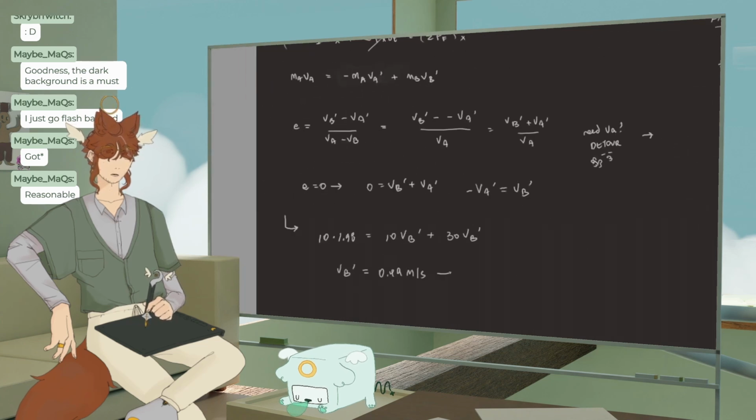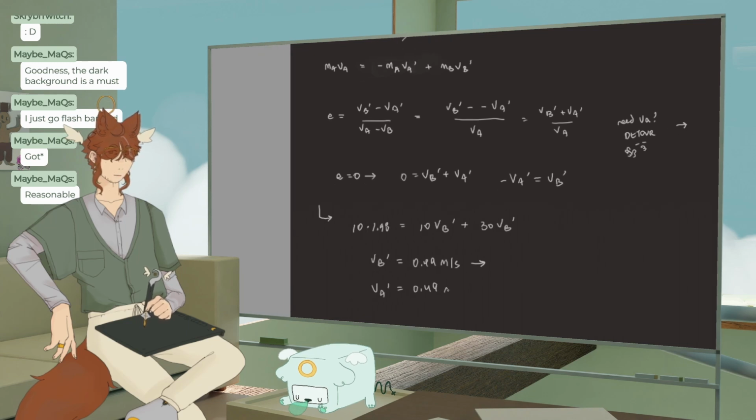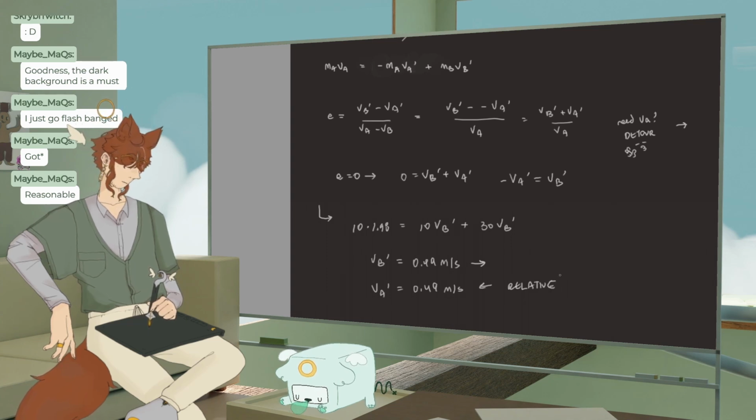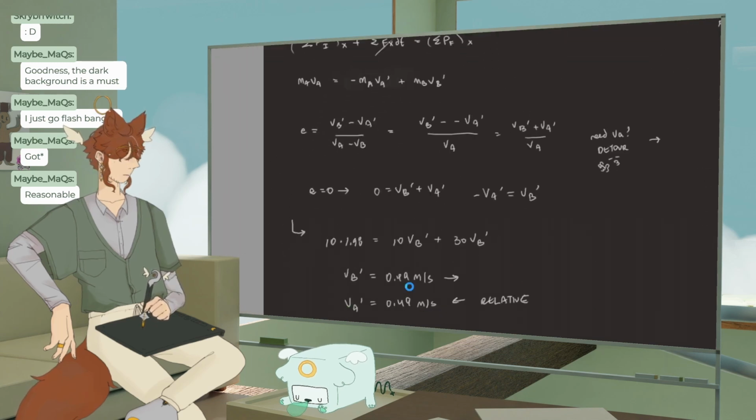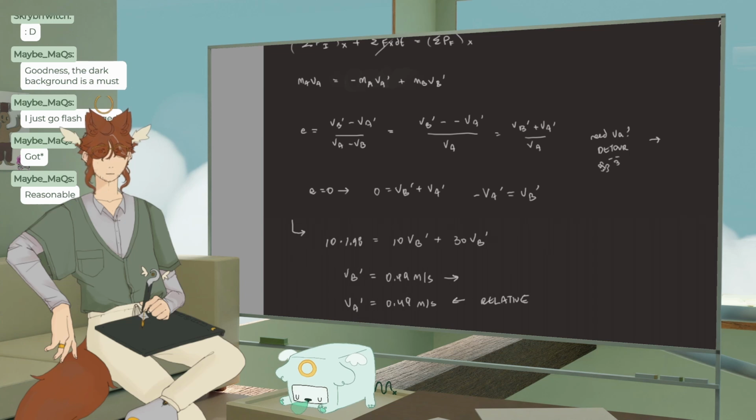I mean, so that's like to the right, and then VA prime equals 0.4 meters per second to the left, relative. I don't even know if that number is right, so it's not super worth trying to calculate. It might be 0, because if they're perfectly elastic, then it would be like not moving. I'm not sure. Let's see. Never mind, they're both 0.